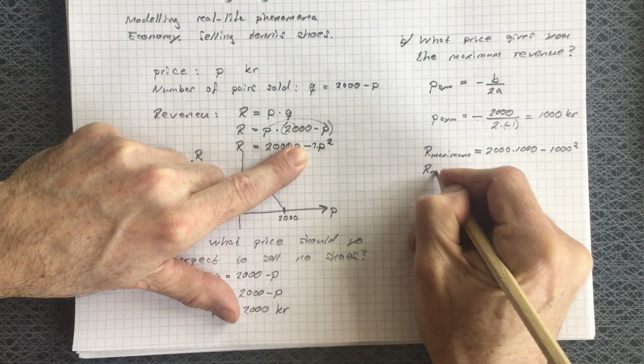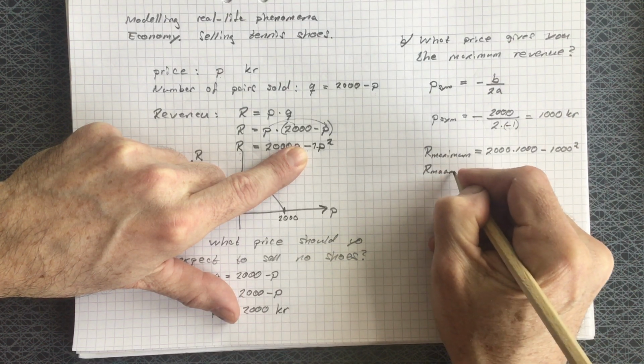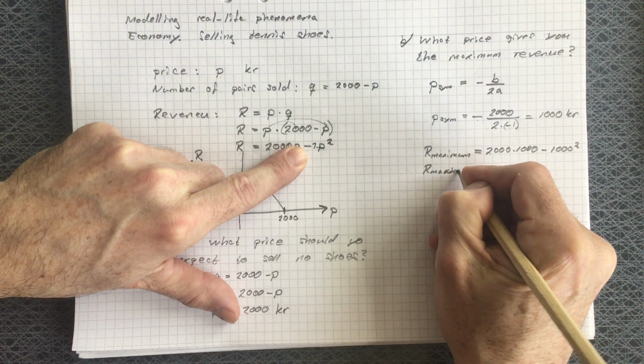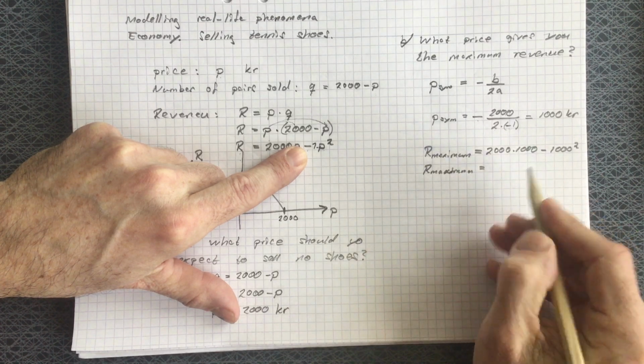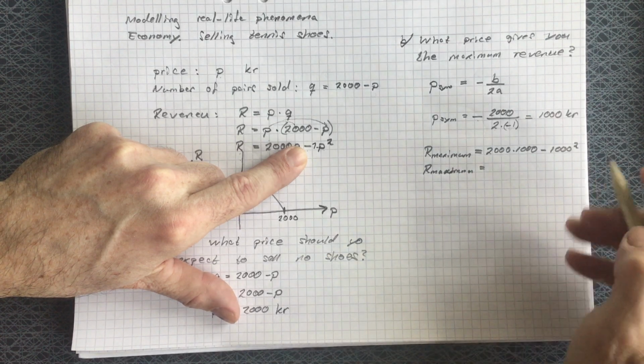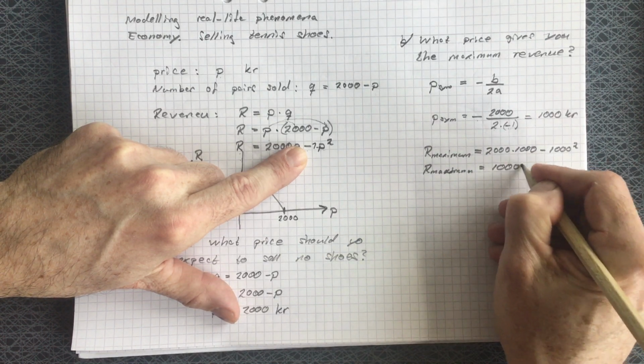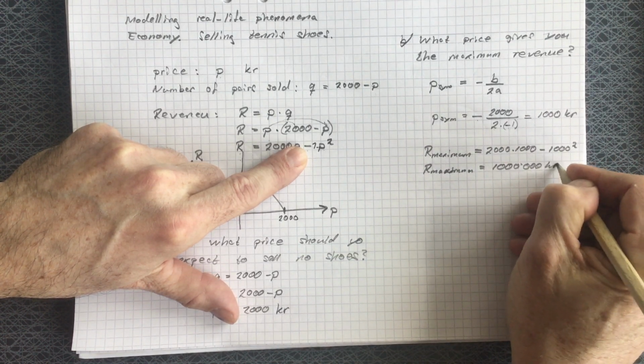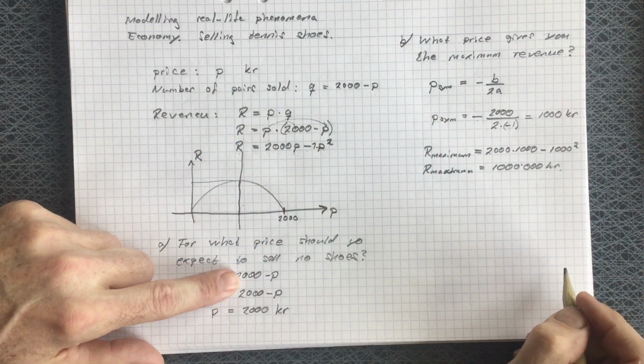So R maximum, and you use your calculator, and you will get 1 million crowns in revenue for these shoes.